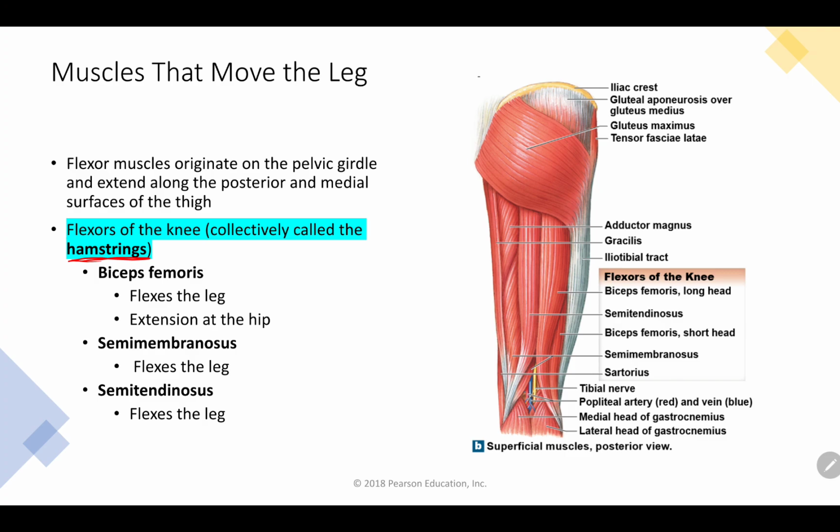Remember these: the semitendinosus, semimembranosus, and the biceps femoris. Remember, these are flexors of the knee, those hamstring muscles. Semitendinosus, semimembranosus, and biceps femoris.